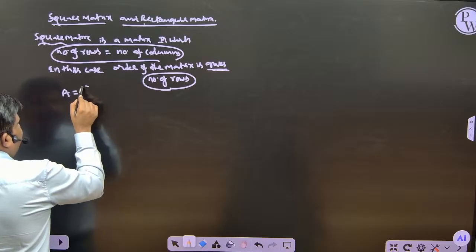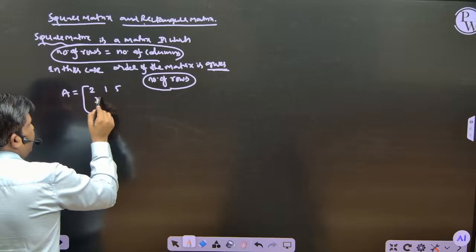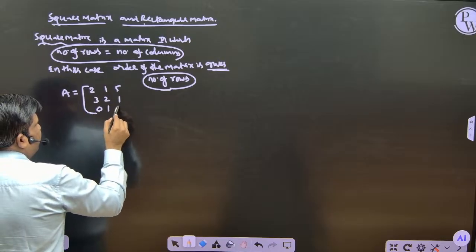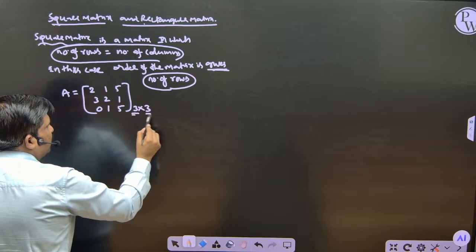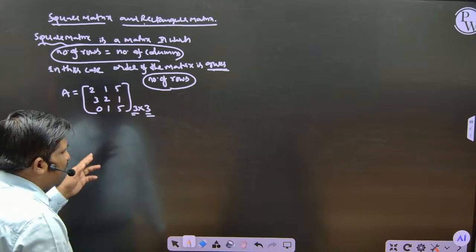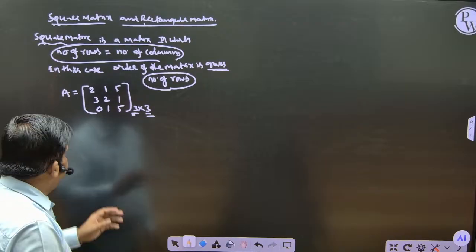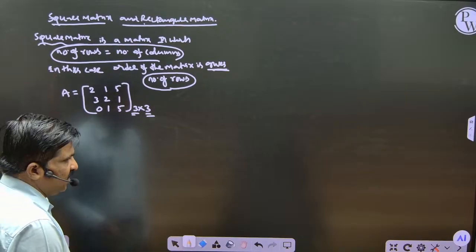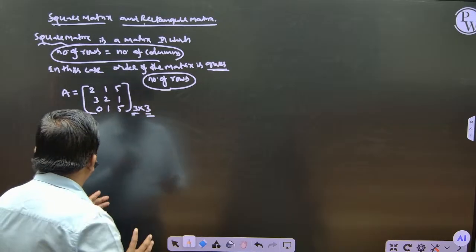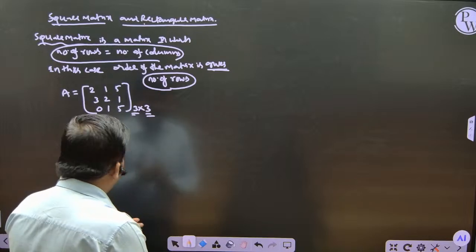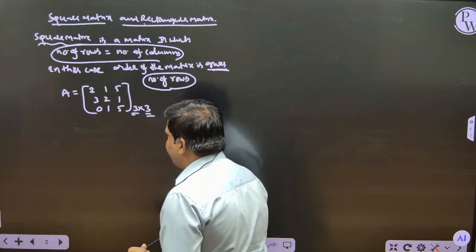For example, if we take A as 2 1 5, 3 2 1, 0 1 5, this is a 3 by 3 matrix. Here the number of rows and number of columns are the same. We have 3 rows and 3 columns. The shape looks like a square, that's why it is a square matrix.